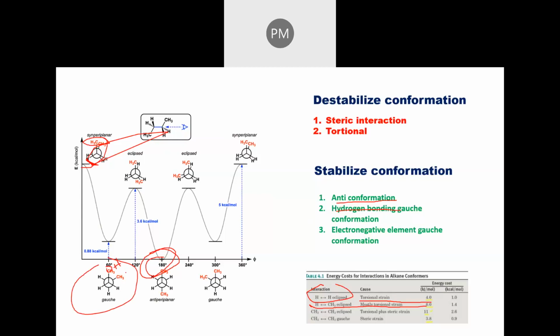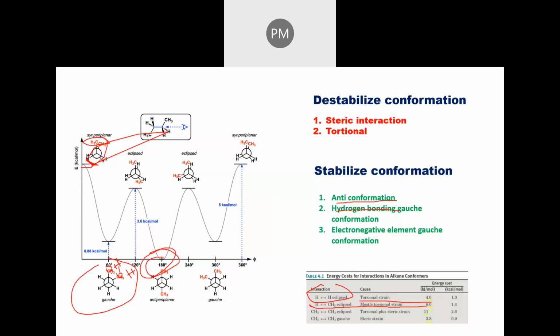Like if we replace this methyl with OH groups, like these two OH groups, then what will happen? There will be hydrogen bonding between this hydrogen and this oxygen. If that is the case, the hydrogen bonding stabilizes our molecule.